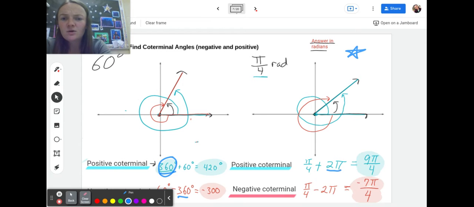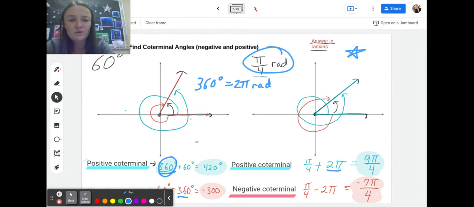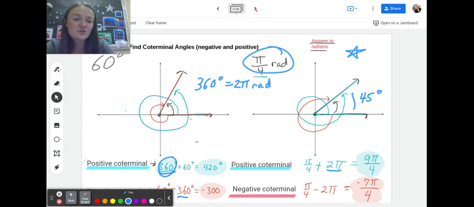Before, we saw that 360 degrees on that circle equals 2 pi radians. So in order to find a positive coterminal angle, if I start off in radians, which is pi over 4 here, little hint, pi over 4 is 45 degrees when we learn how to convert, all you need to do is take your initial angle and add 2 pi.